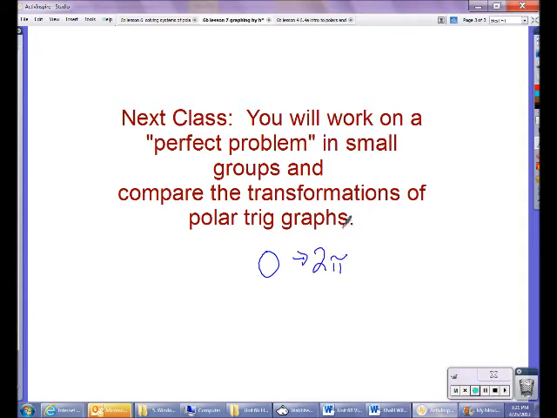You're going to be graphing these and putting them up to show others, and then comparing all of the different types, transformations of polar trig graphs, because you know that adding makes it go up or down in rectangular trig graphs, but how do polar trig graphs change when you go from sine of theta to sine of 2 theta, or from sine of theta to 5 sine of theta, or 1 plus 5 sine of theta? How do those change? So we're going to be exploring that in class tomorrow.